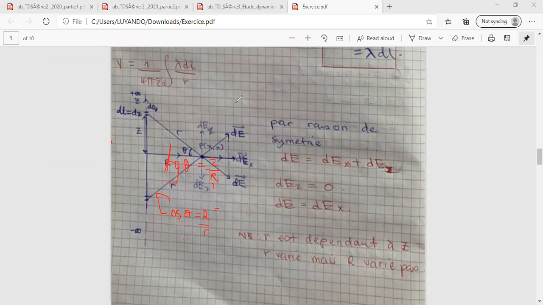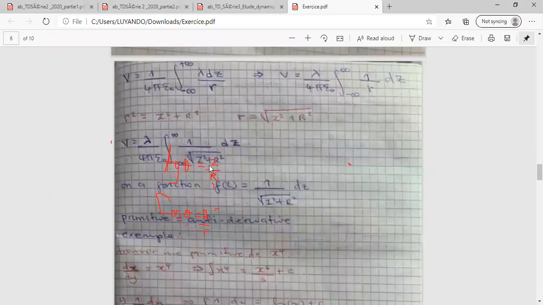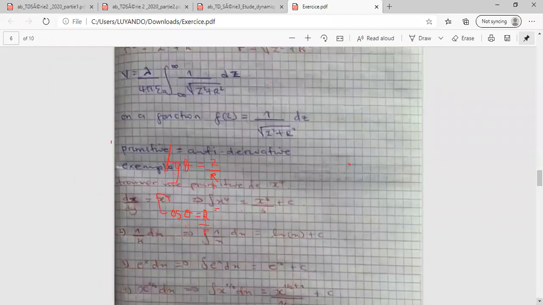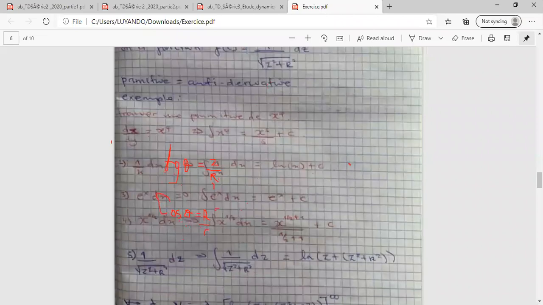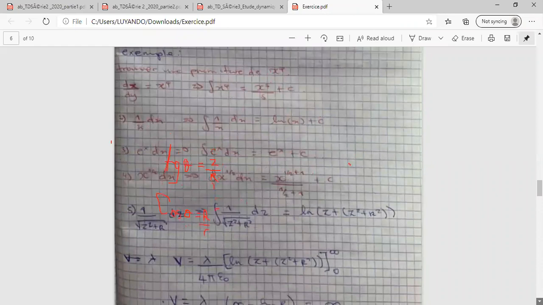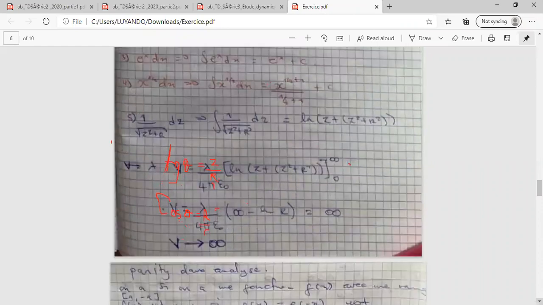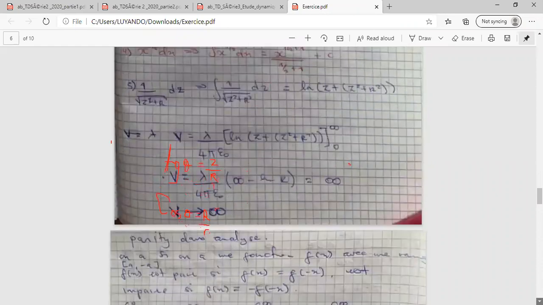So we're still trying to express the r and the z in function of theta. We found our dz in function of theta. Now it's our small r that remains to be expressed in function of theta. We have cos theta equal to capital R over small r, and then we make small r the subject of the formula.